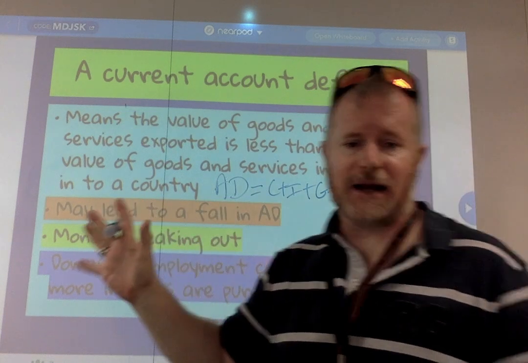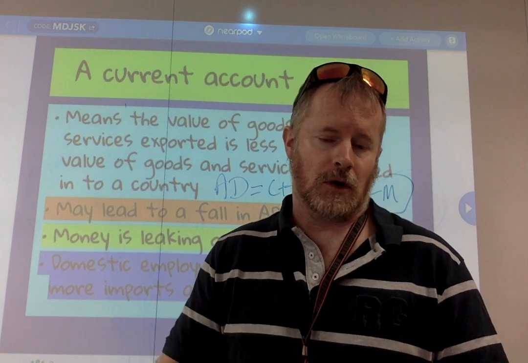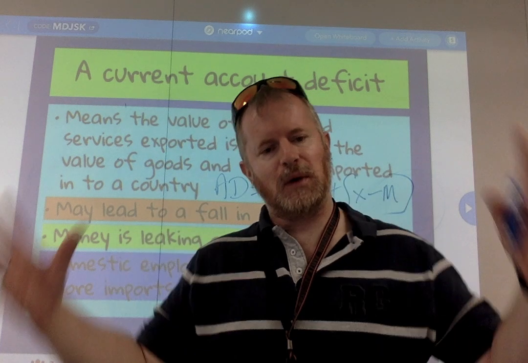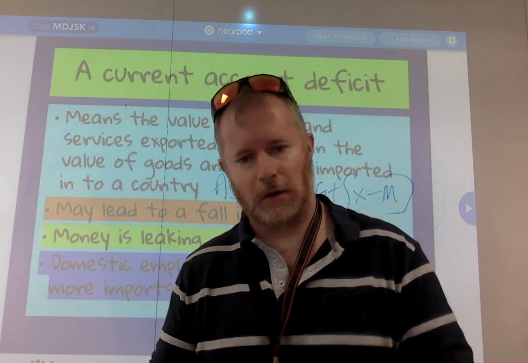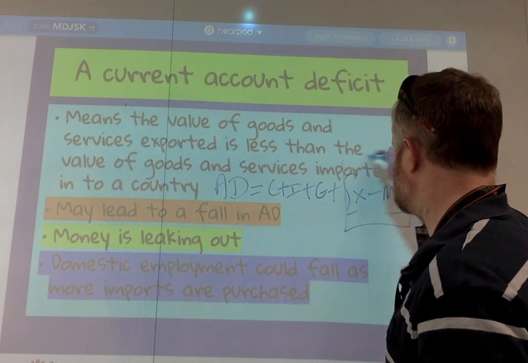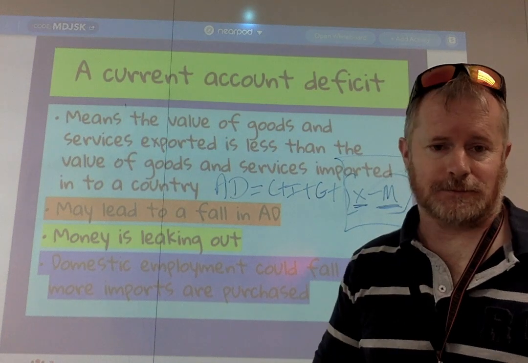Because we talked about aggregate demand when we were building economic growth, right? We talked about aggregate demand when we were building a circular flow model, right? All the way back in year 10. So there, right, is our balance on trade, our current account.